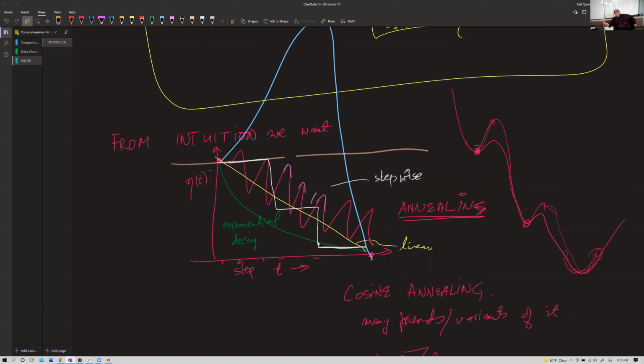Next 50 steps, keep another learning rate. And the next 50 steps, keep another learning rate, right? So you change the learning rate after 50 epochs, assuming that you are running it for 150 epochs. Are we together? Right.